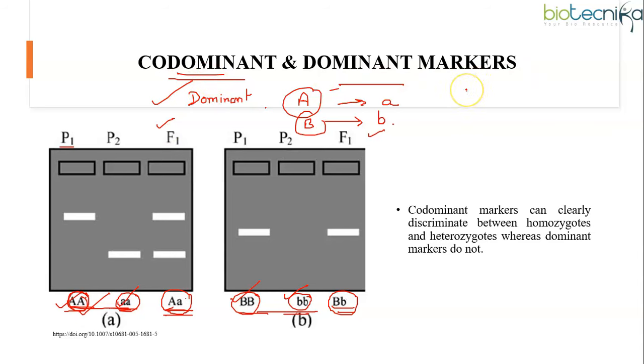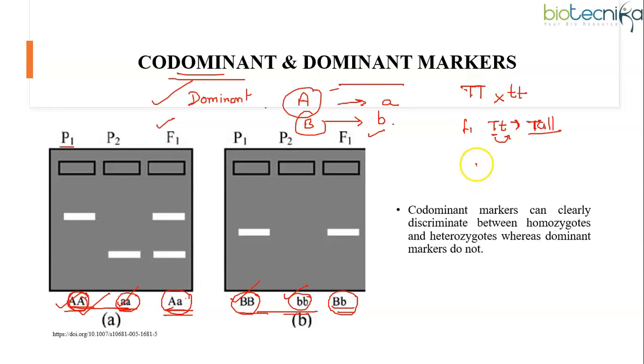For example, when we study dominance, say we cross a plant with tall stem height with a dwarf plant. The progeny will be heterozygous and you will see the phenotype of the dominant allele, that is tall. So all the progeny will have tall stem height. Here this allele is dominant over the recessive allele, that is for dwarf.